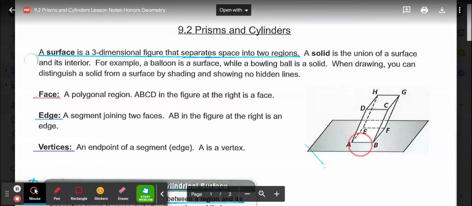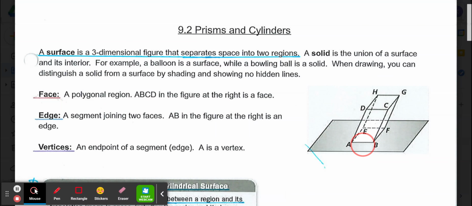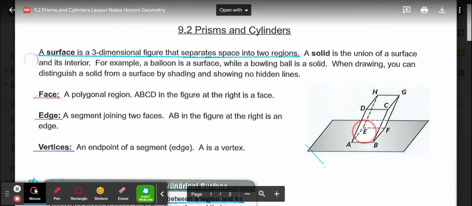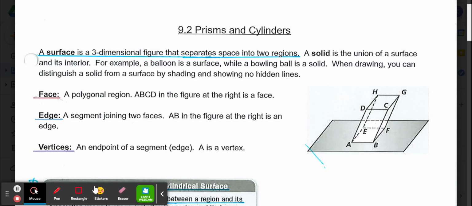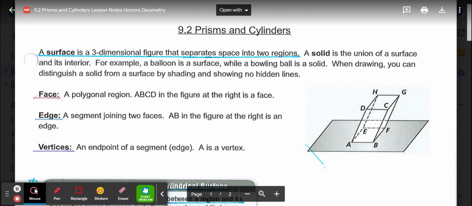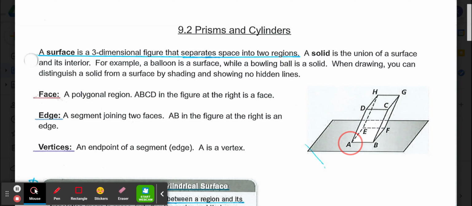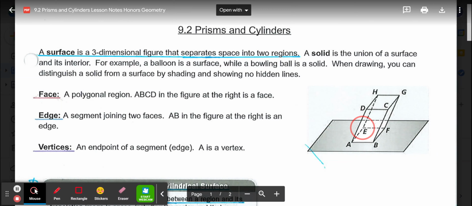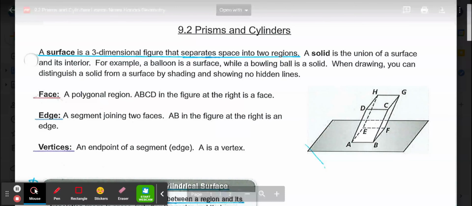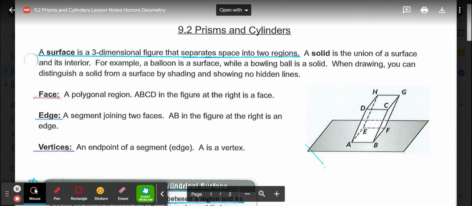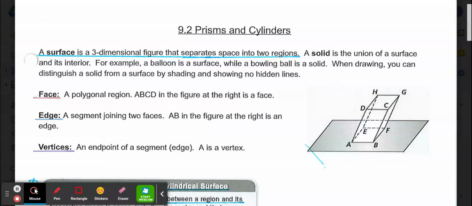So AB, the segment here, is an edge because it joins this front face, DCBA, and the bottom, ABFE. And then we have vertices, which are the endpoints of a segment or an edge. So for example, here, point A would be a vertex, B is a vertex, F is a vertex, E is a vertex, and so on. So just some general vocabulary pieces.